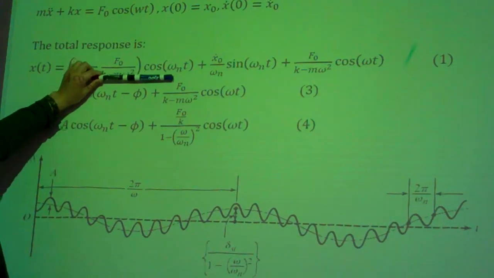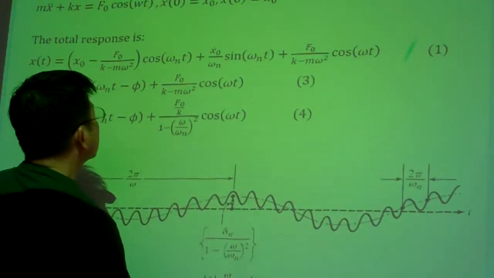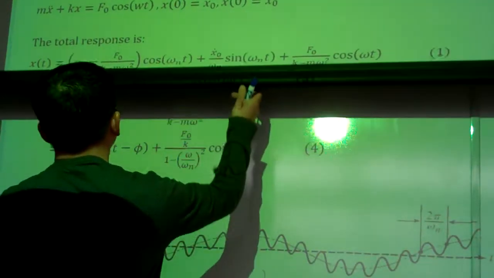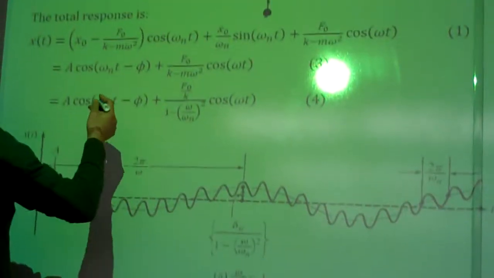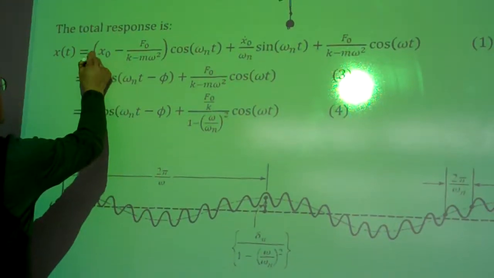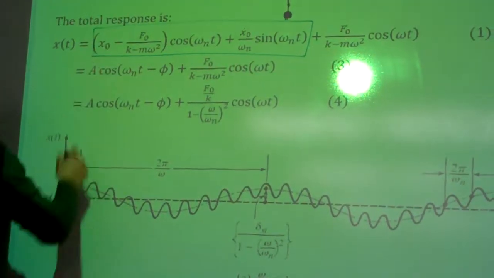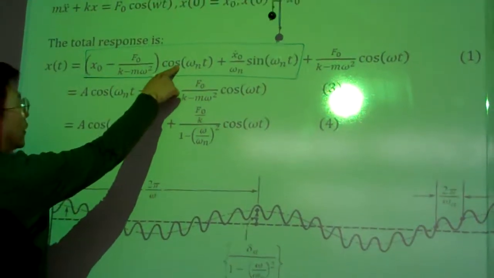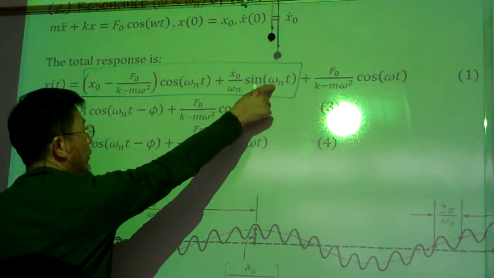First, we combine the two terms because the two terms are harmonic oscillations in terms of frequency omega n.